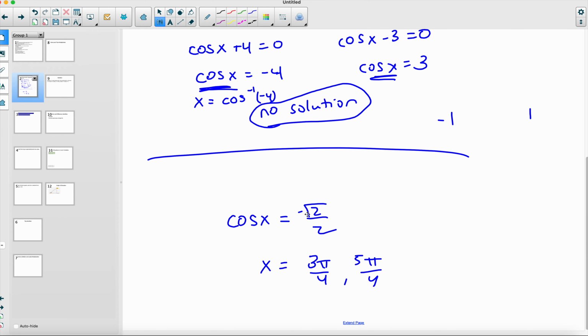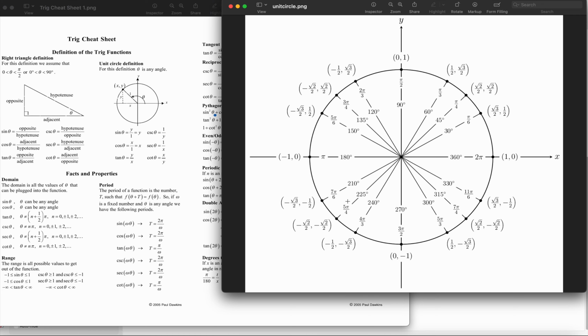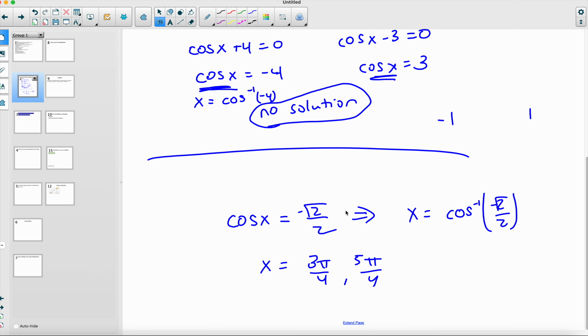Yes, it's a little more complicated to find those angles, but not too bad, because if I do need to determine this x, this is where we use those inverses. And if you plug that into your calculator, you might get one solution, and you'd have to figure out the other based on reference angles and what quadrant that cosine is negative. So with basic trigonometric equations, you'll see situations where it should work out nicely with the unit circle.